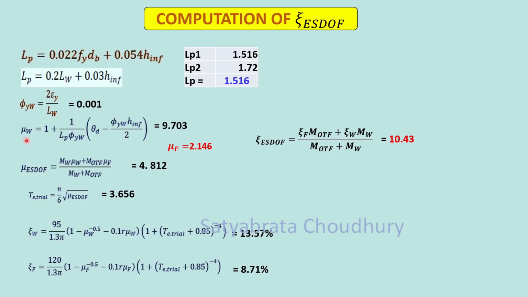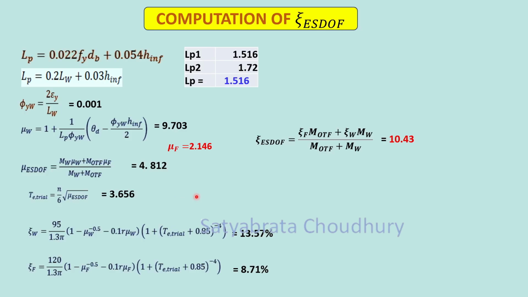Then the wall ductility mu w is given by this formula, which comes out as 9.703. And mu f in the previous slide we have got 2.146. So mu SDOF is Mw mu w plus MOTf mu f divided by summation of Mw and MOTf. So this comes out as 4.812 in percentage damping in the equivalent single degree of freedom system.